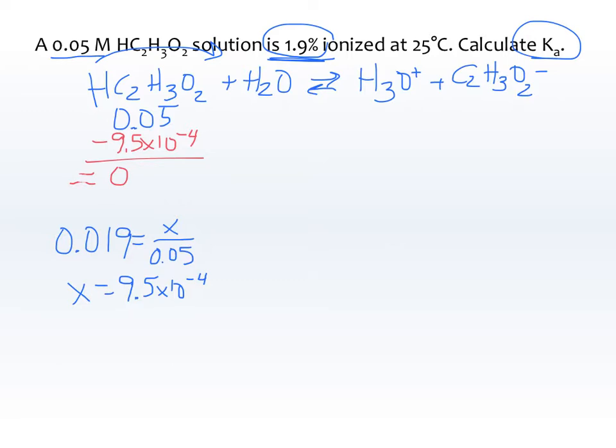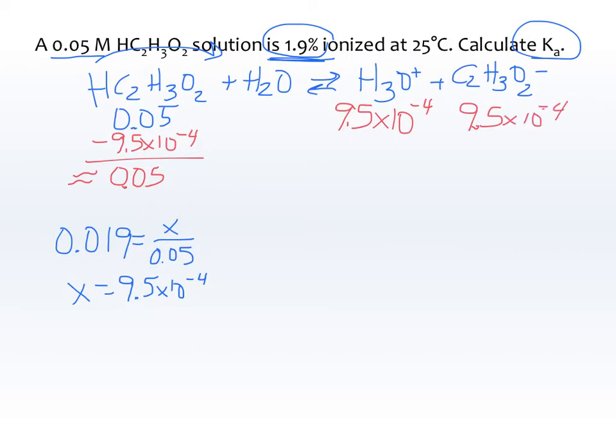Let me make that better. As 0.05. But over here on the H3O plus side, 9.5 times 10 to the negative 4. And the acetate ion is also 9.5 times 10 to the negative 4.